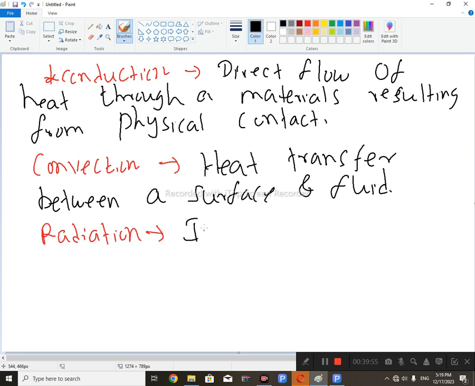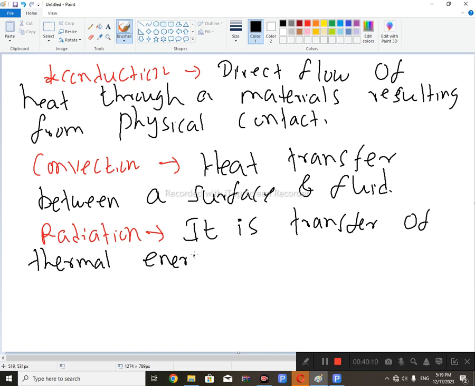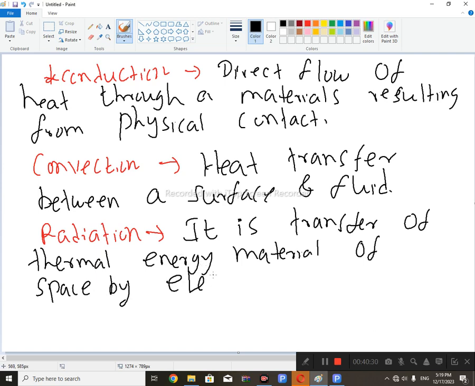It is transfer of thermal energy through space by electromagnetic waves.